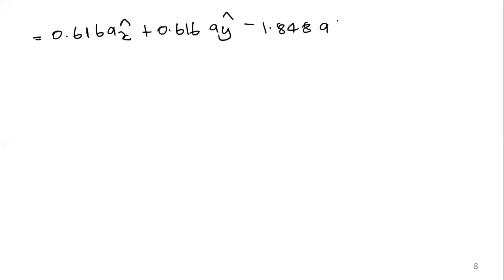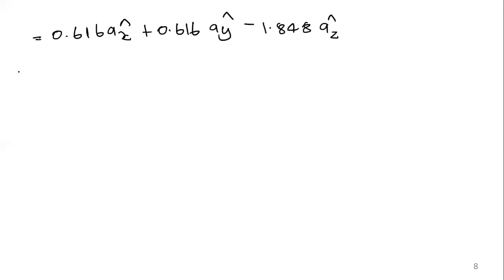You are required to do and understand this. If you're not getting it, ask me in the next class. This is direct substitution: 0.616ax, minus 0.616ay, plus 1.848az. If anybody doesn't know how to do this quickly on the calculator, try once and then ask me. This is just direct multiplication, not complex multiplication. Find the product of all these terms, and then directly multiply with each of the vector components along ax, ay, and az, and you will get the answer.